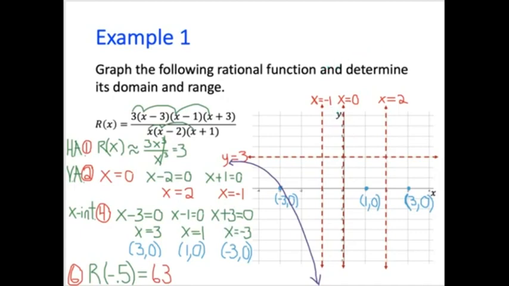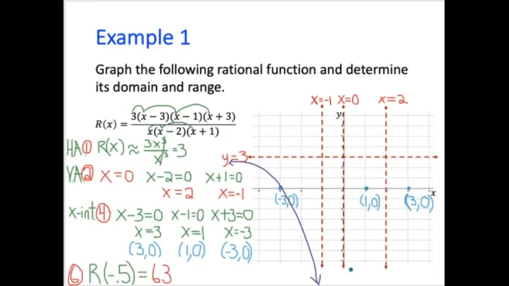Now let's look at the interval between the vertical asymptote x equals 0 and x equals 2. We want to figure out what's happening here. Where's our graph? Well, what's nice here is that we do have an x-intercept. So we know that the graph is going to cross the x-axis here.